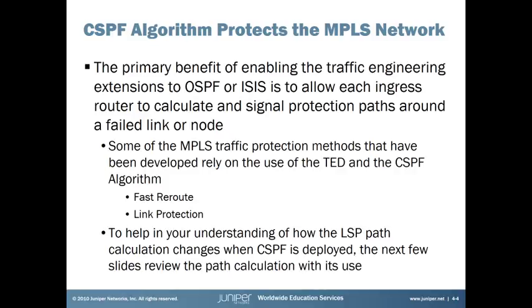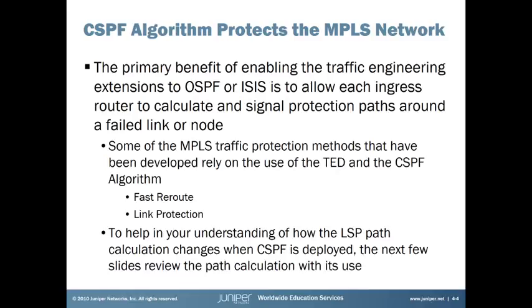All right, let's get into this and help your understanding of how the LSP path calculation changes when CSPF is deployed. The next few slides are going to review the path calculation with its use. So what we did last week when we built our RSVP signaled path, we actually disabled CSPF.